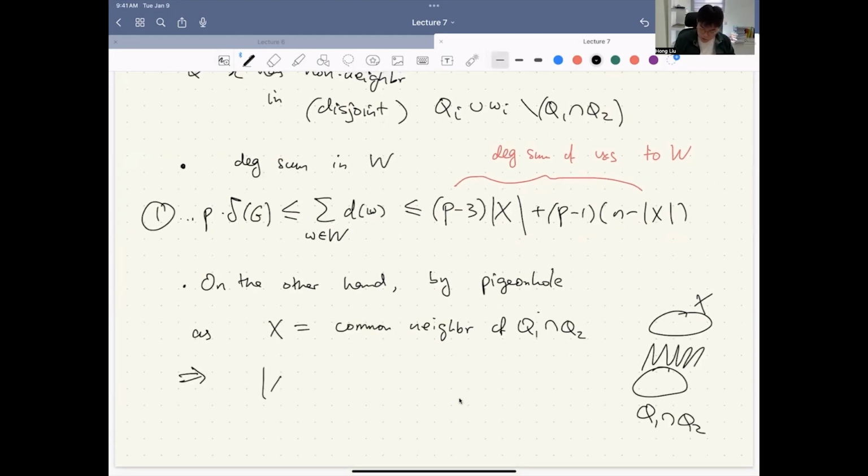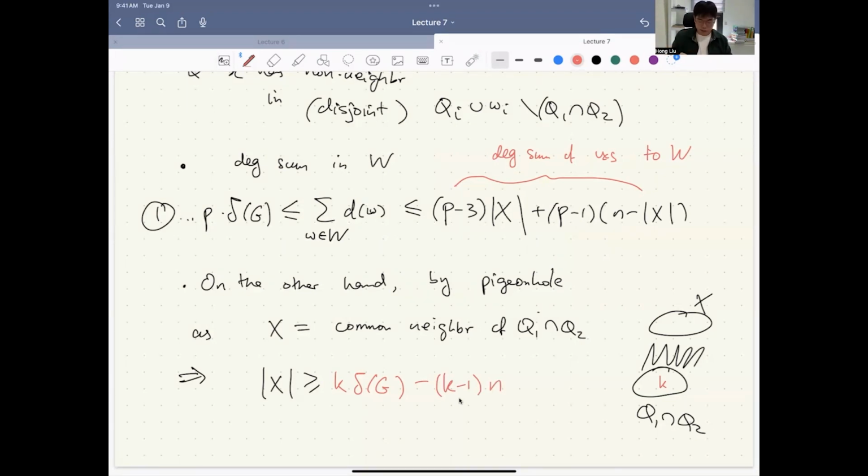Then we can get that the size of X is at least, how do we bound X? Well, there are k vertices in here, each sending out this many. So this is the degree sum of the vertices in Q1 intersect Q2. The excess of this amount over k minus 1 times n is the number of vertices that send at least degree k to Q1 intersect Q2, which is exactly the common neighbors of Q1 intersect Q2.